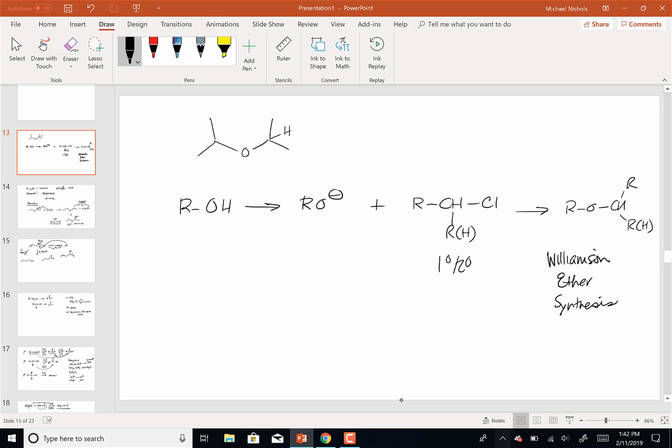If I'm going to deprotonate an OH, what base am I going to use? I could use an N-, a C-, or an H-.